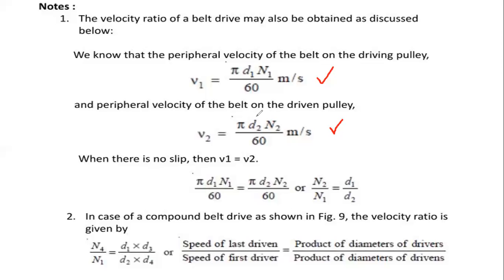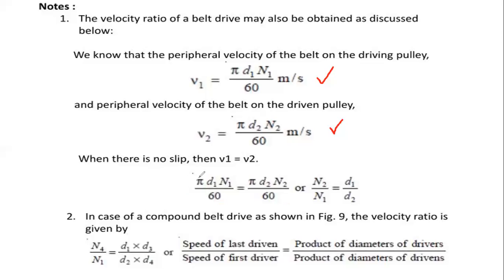Then when there is no slip, so there is stiffness in it, so there is no slip. V1 is equal to V2. The velocity for the driving pulley is equal to the velocity for the driven pulley. Then we have to take it as pi into D1 into N1 by 60 is equal to pi into D2 into N2 by 60.